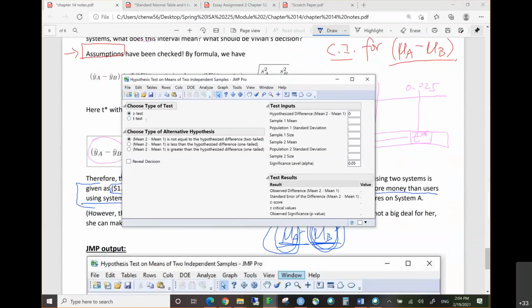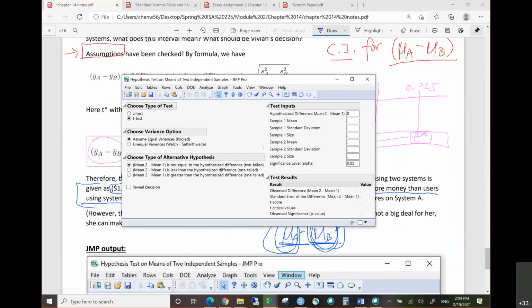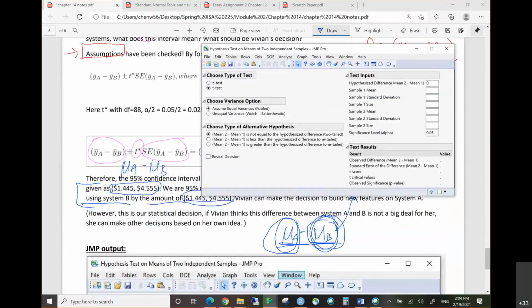Otherwise, if the population standard deviations are not given, you need to use the t-test, so you only need to enter sample standard deviation 1 and sample standard deviation 2. When you choose the t-test, you have one more option to choose: equal variances or unequal variances.